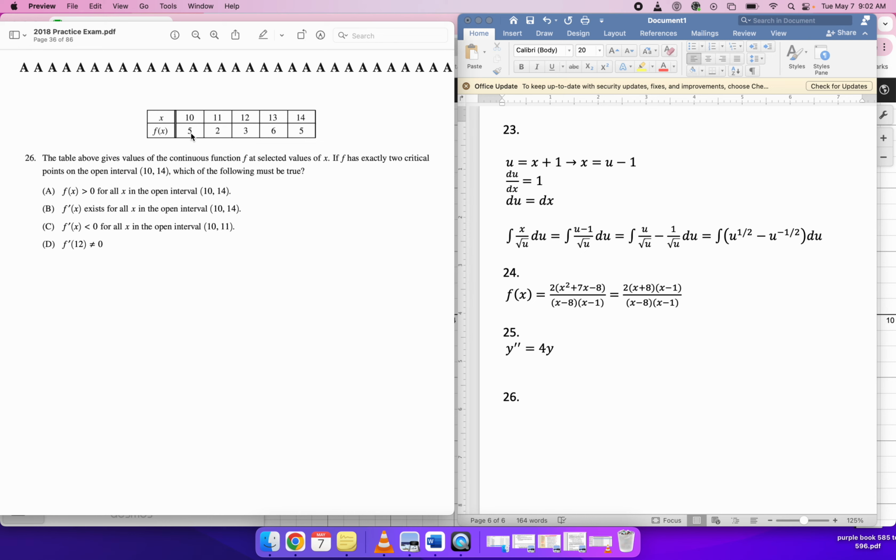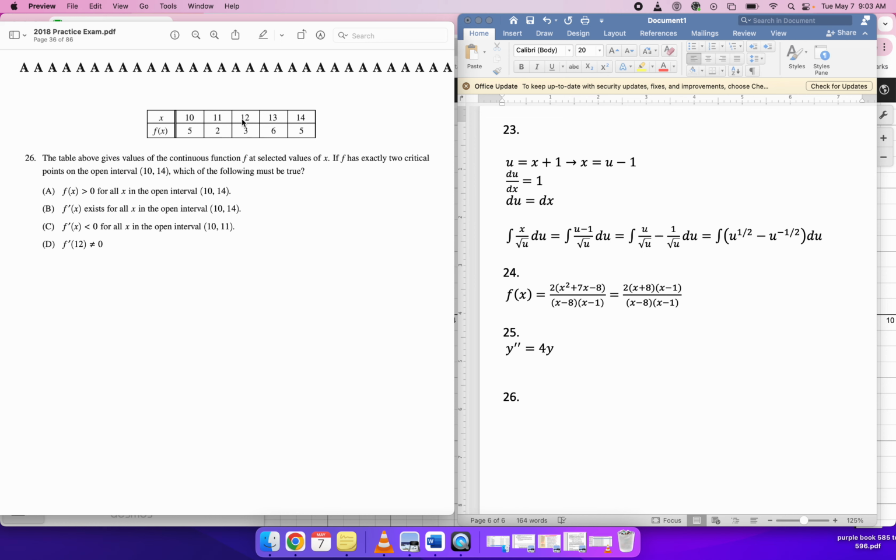If there are exactly two critical points, then one of those critical points is probably going to be somewhere on the interval from 10 to 12, because it switches from decreasing to increasing at some moment.